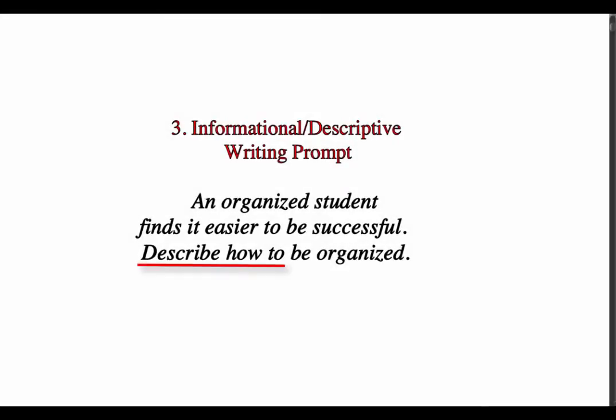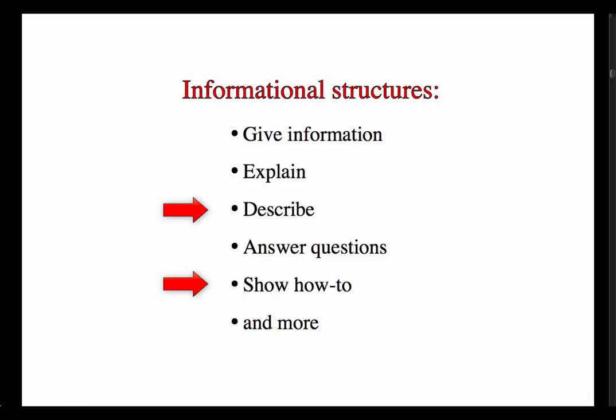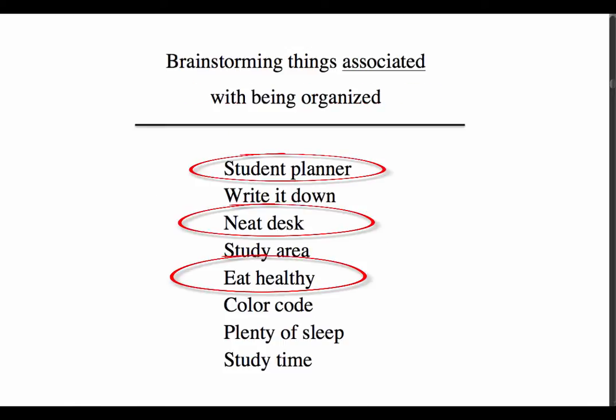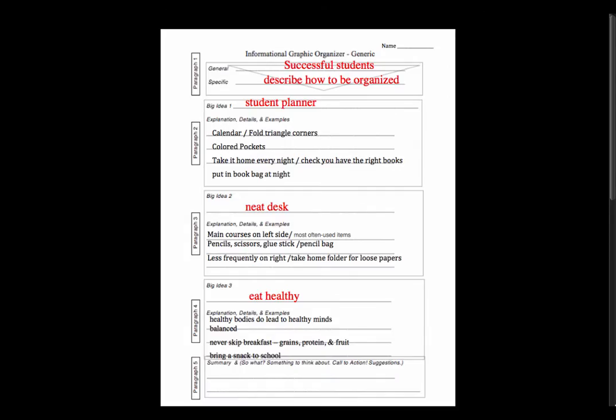Last time, we looked at our prompt and decided that we needed to make an informational essay. We brainstormed ideas on how to be organized. Then we completed an information worksheet. Today we'll write our first draft. Look at your graphic organizer.